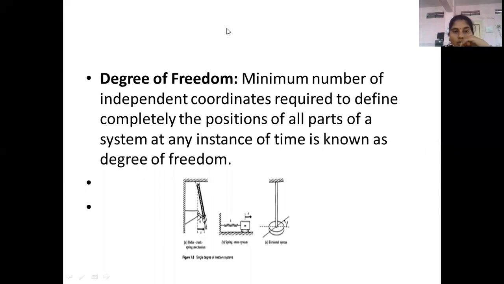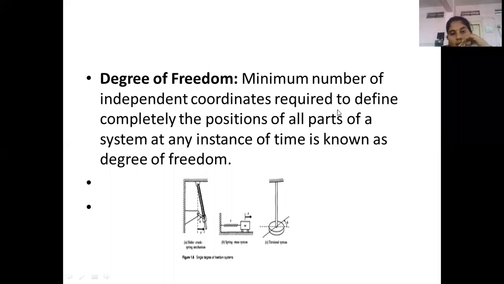Before solving these derivations, we should know some basic definitions: degrees of freedom, natural frequency, and damping. We will see these parameters within a short period and then move towards the derivation. First, understand what degrees of freedom is.